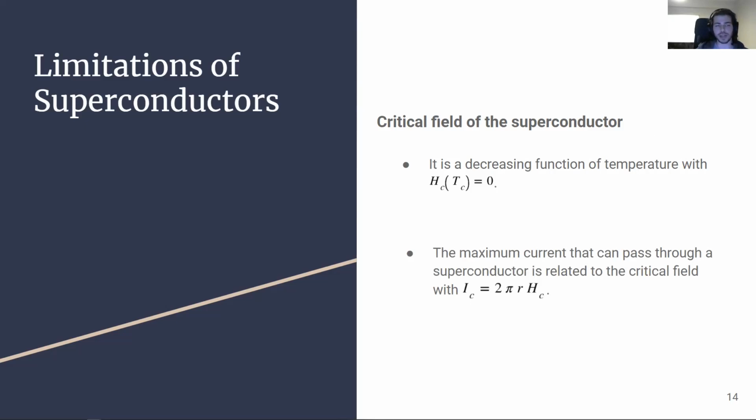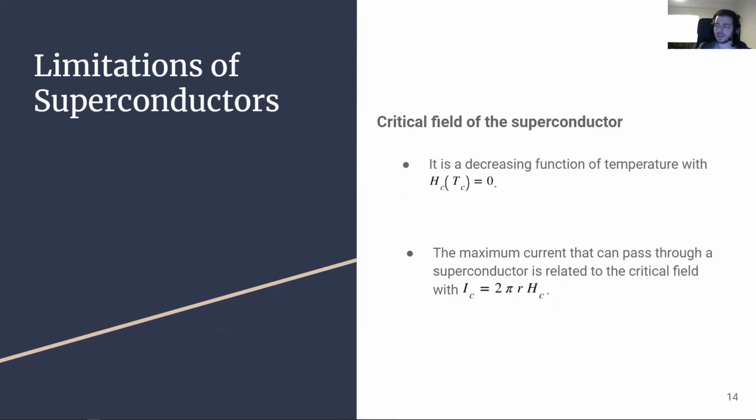Onnes knew that there was a threshold for this critical field, but he couldn't draw the relation. And Silsby did it, with this equation, which again we have seen in class, and this tells us that there is a limit that we can pass through a superconductor. There's a limit for the supercurrent, and it is related to the magnetic field that the superconductor can endure.